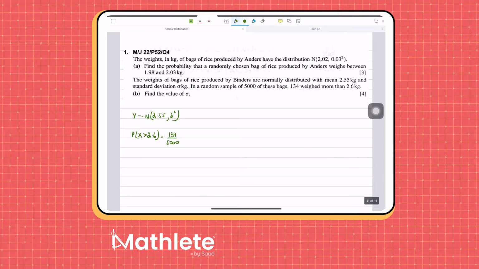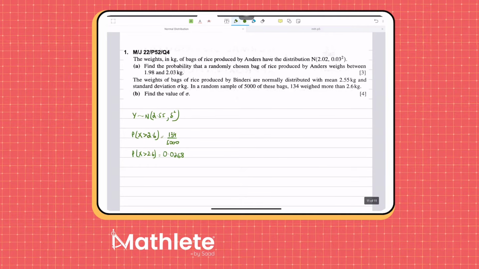Why? Because 134 is the favorable, 5,000 is the total. So what's 134 over 5,000? 134 divided by 5,000 is equal to 0.0268. So the probability of x being greater than 2.6 is equal to 0.0268.